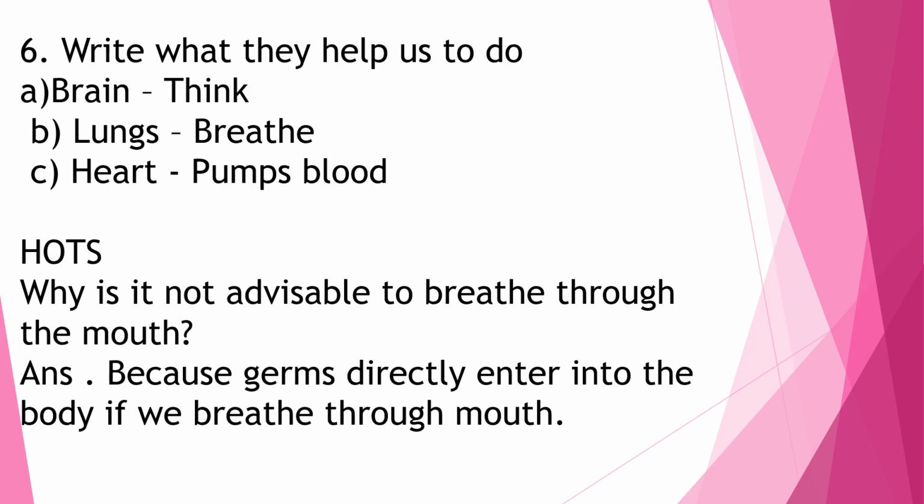Then second is lungs. The lungs help us to breathe. Lungs is the part of respiratory system which helps us in inhaling the oxygenated air, and lungs pass the oxygen to the blood which gives the oxygen to the different parts of the body, and it takes carbon dioxide from the body and then exhales it.